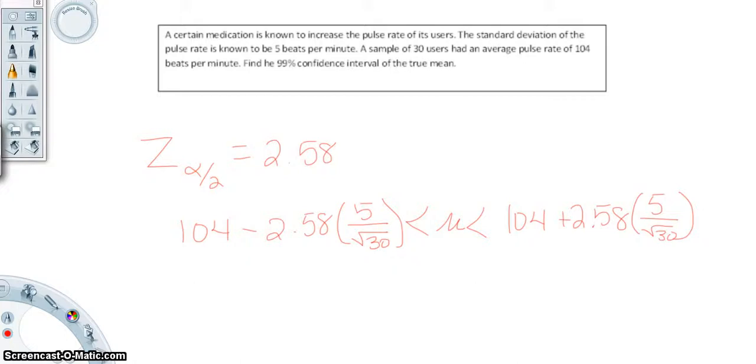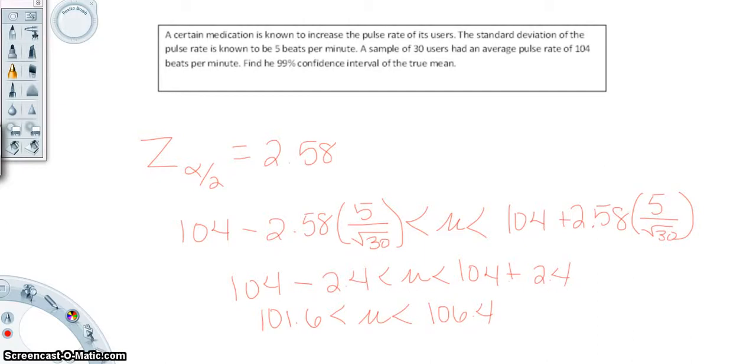And we calculate this and find that we have 104 minus 2.4 is less than mu is less than 104 plus 2.4. We add this together, we get 106. Nope, that's subtraction. 101.6 is less than mu is less than 106.4.